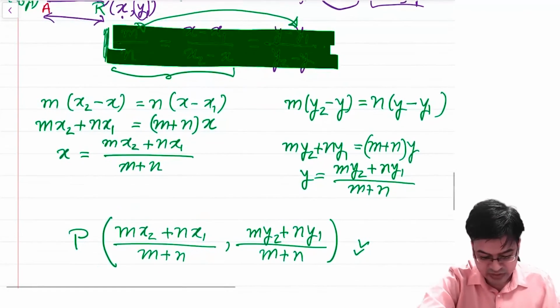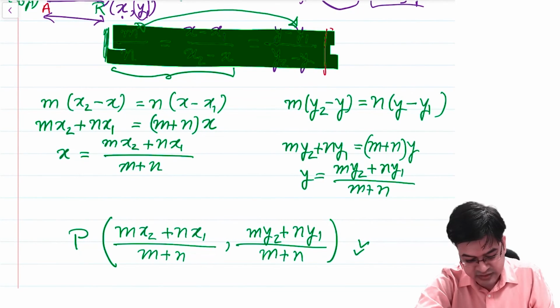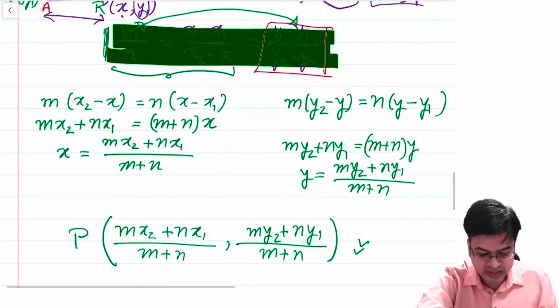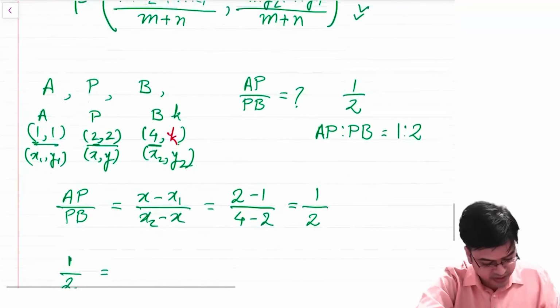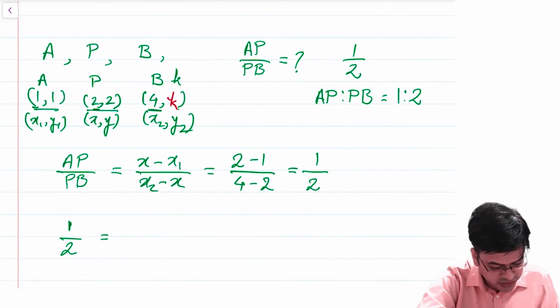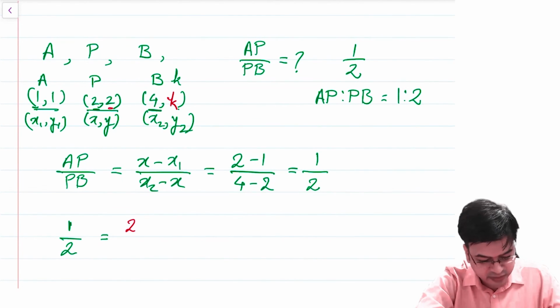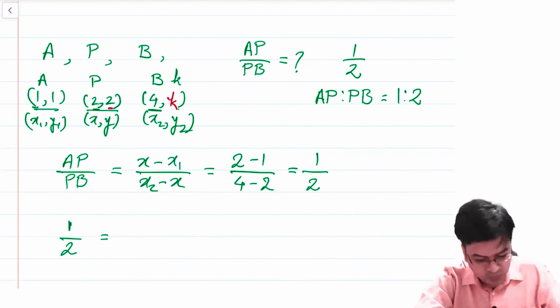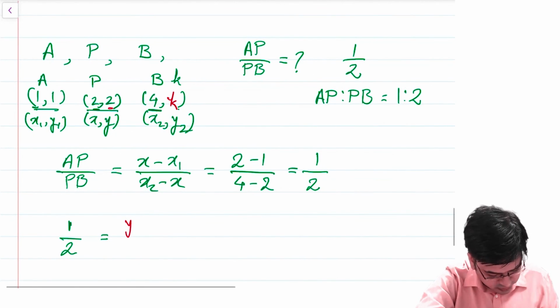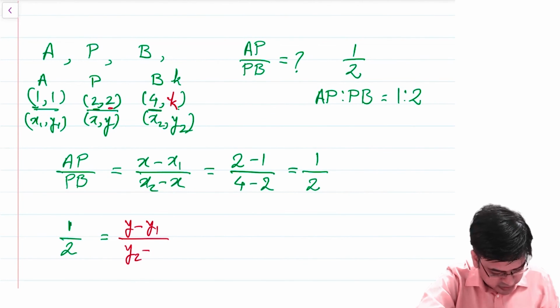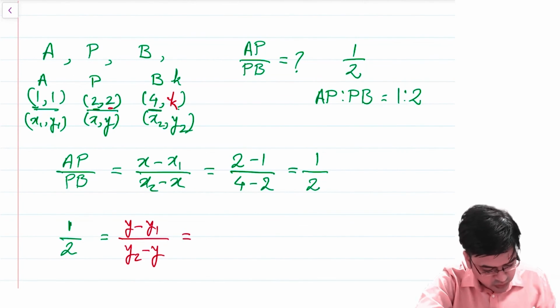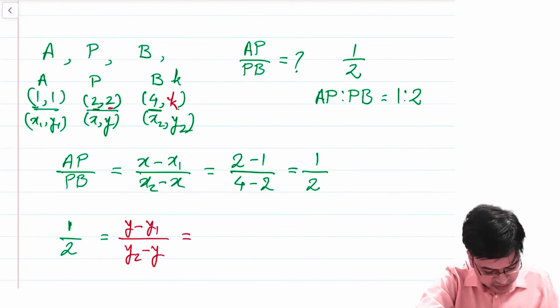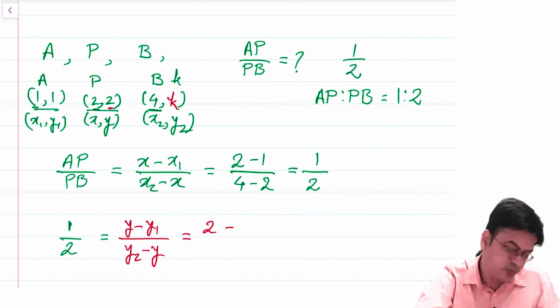So I can still use this problem to solve that question. In that case, what you need to do is take this third one, that is y minus y1 and y2 minus y. So what is y here? Y was 2. Let me write for more clarity: y minus y1 upon y2 minus y. Y over here is 2 minus y1.